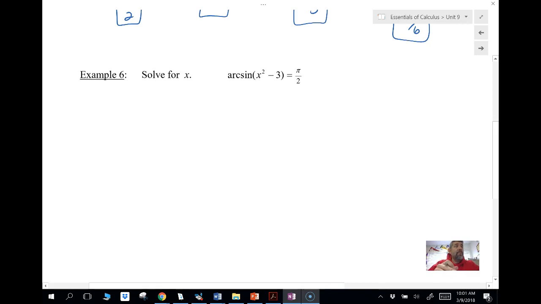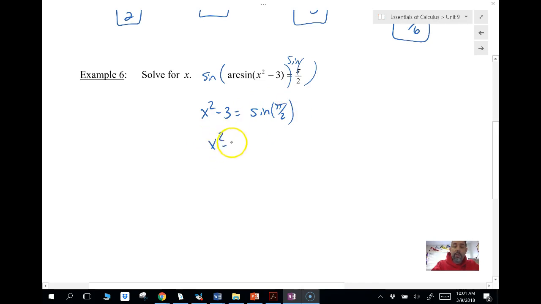All right, this is the last one I'm going to do in this video, and then we'll get to the next video and look at some calculus. So arc sine of x squared minus 3 equals pi over 2. We're going to go ahead and solve for x. In order to do that, we're going to take the sine of both sides. That's going to give me x squared minus 3 equals the sine of pi over 2.